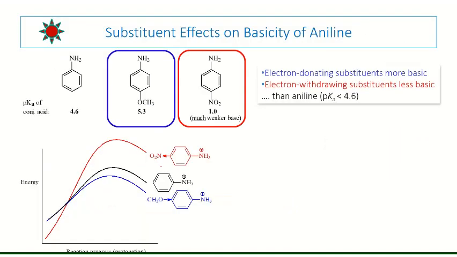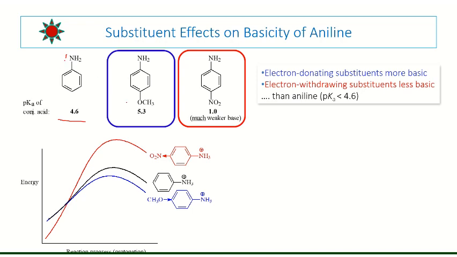We can also look at the substituent effects on the basicity of aniline. Remind ourselves that aniline has a pKa of 4.6, and the reason the pKa is not as great as pyridine is because this lone pair is resonating in the ring.